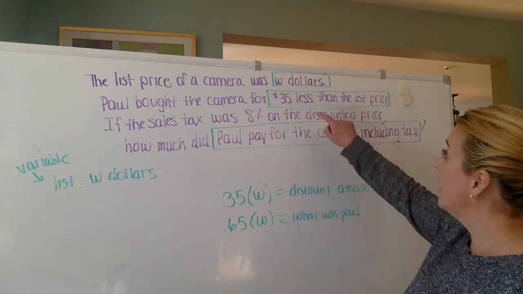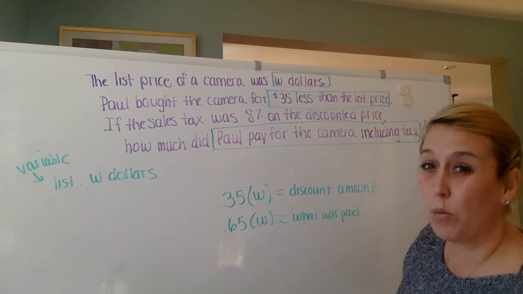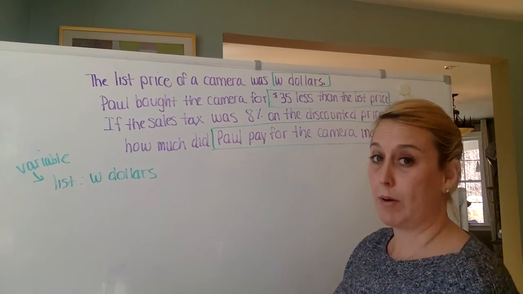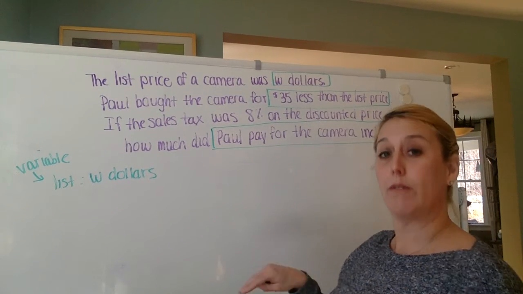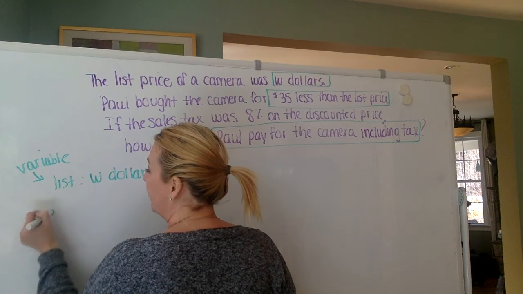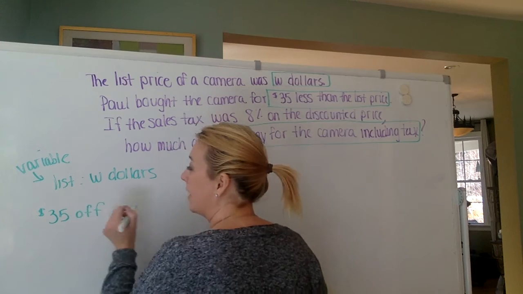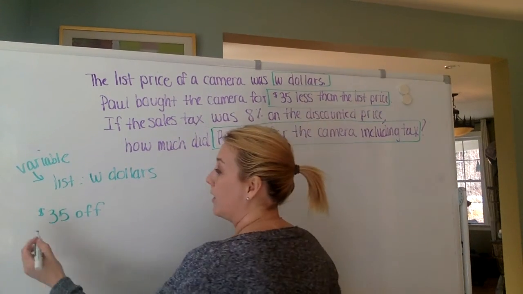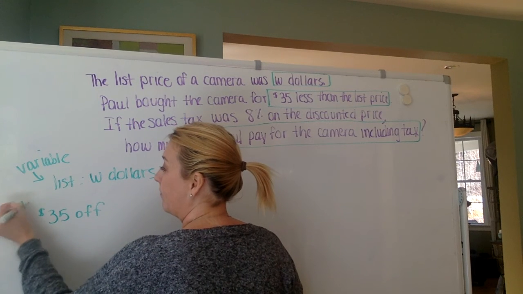But in this case, this isn't a percent, this is a dollar amount. So it's like a one-time hit, right? We're not multiplying it by the variable because it was just a one-time hit of $35 off of the price. So $35 off, since it's a one-time thing, would be our constant, right?